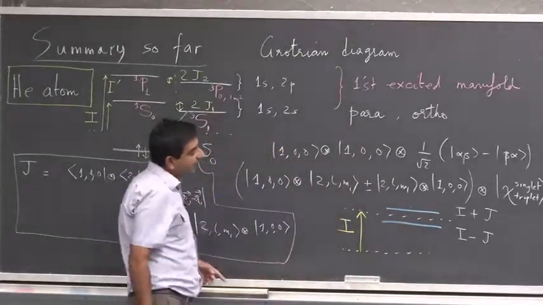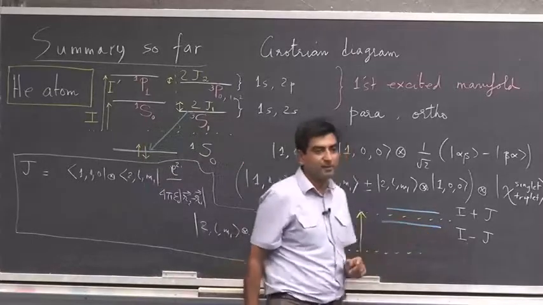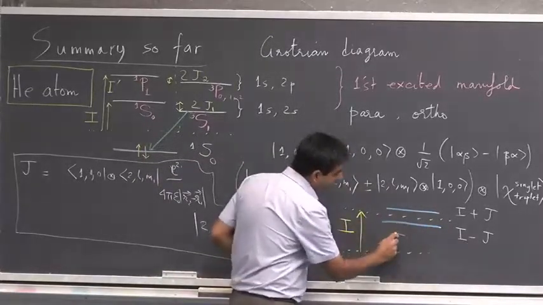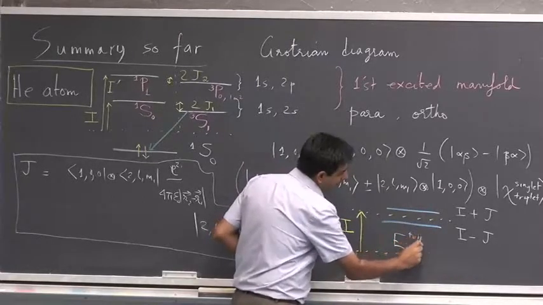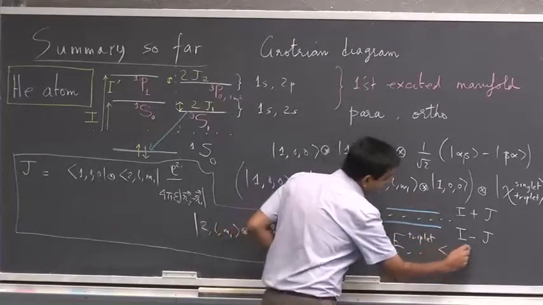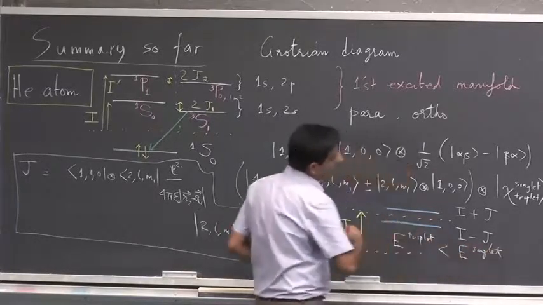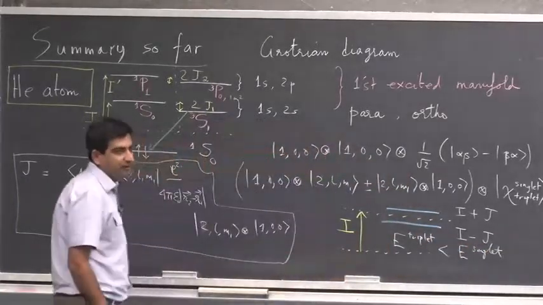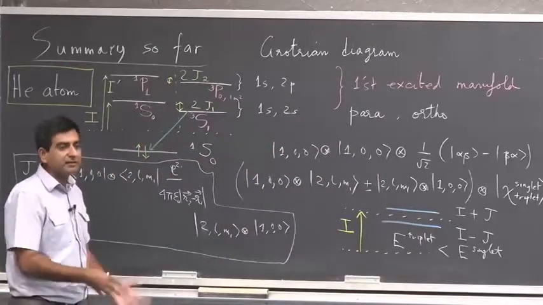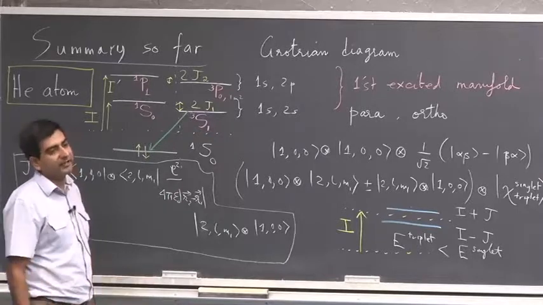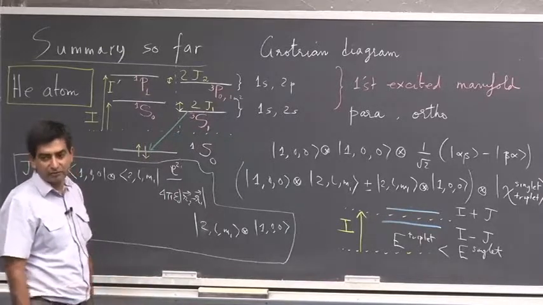And if J is positive, then this term is smaller than this term, and the triplet energy is less than the singlet energy. So the triplets are the ground state, which means that parallel alignment of the spins is preferred, which also means that ferromagnetic alignment is preferred of the electrons.